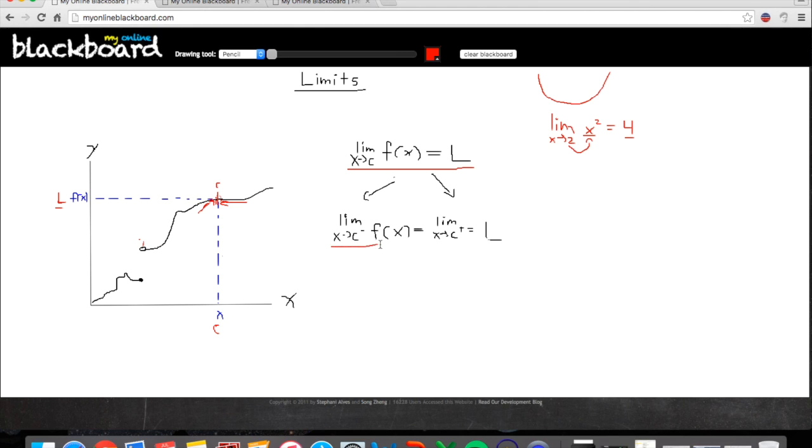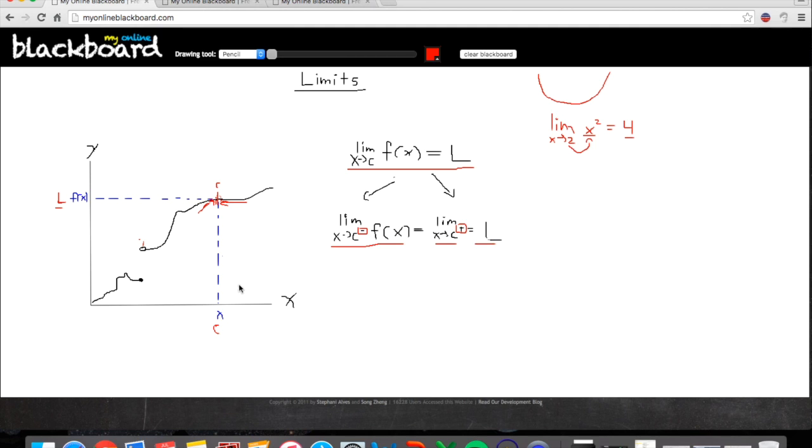As you can see, this is the mathematical expression. I didn't write f of x here; I left it out. It's implied. The new thing that you see down here, that I'll introduce right now, is this negative sign and this positive sign up here. The negative sign means from the left.